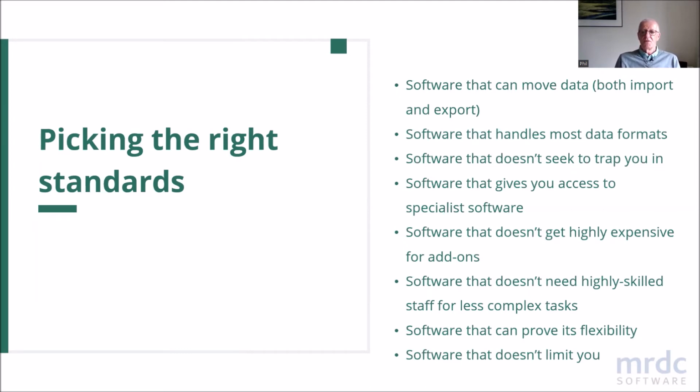So although you often want software for highly skilled staff, less complex tasks should be achievable by less skilled people, and not be only in the hands of highly skilled people, which can happen. So flexibility and software that doesn't limit you are perhaps the final things worth focusing on.